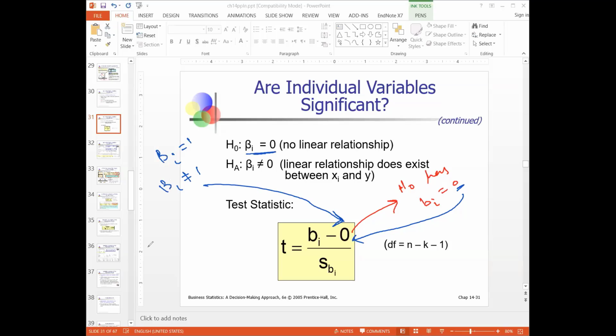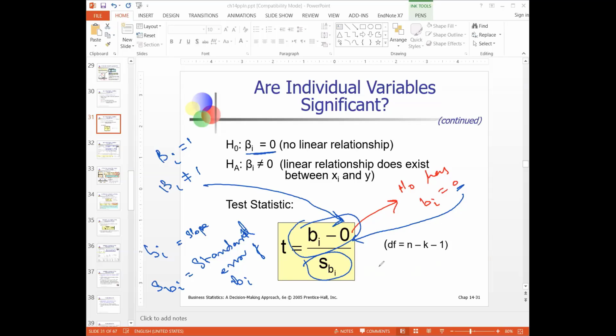You already know bi is the slope and sbi is the standard error of bi. So this is the formula for the individual variable t-test, and what it will do is compare the slope which is different from the benchmark and the variation in the slope.